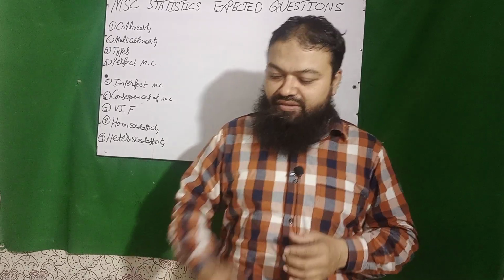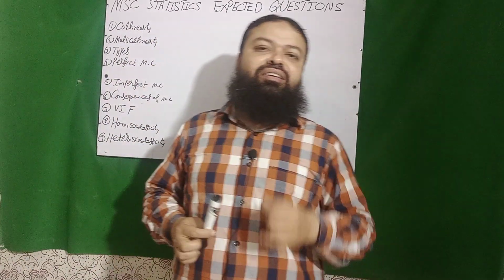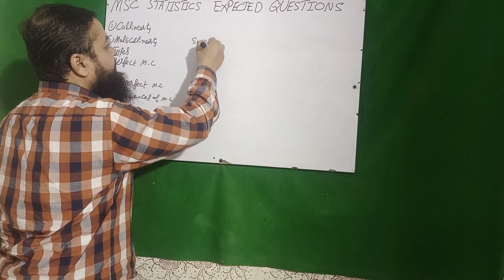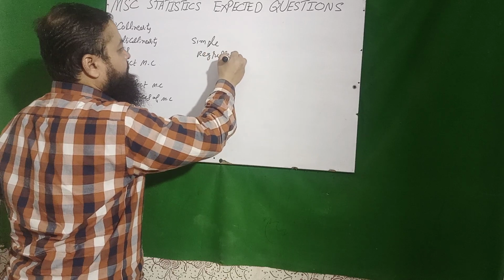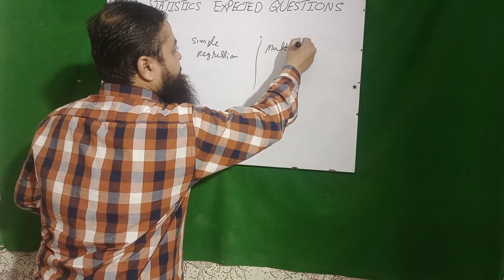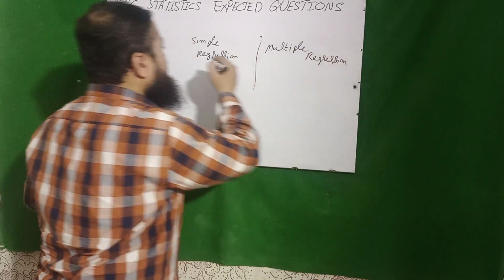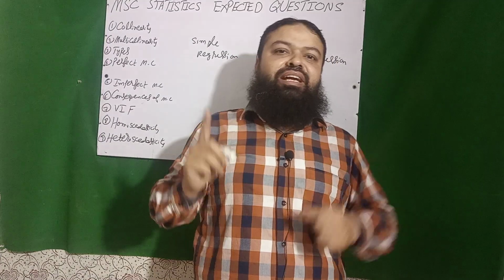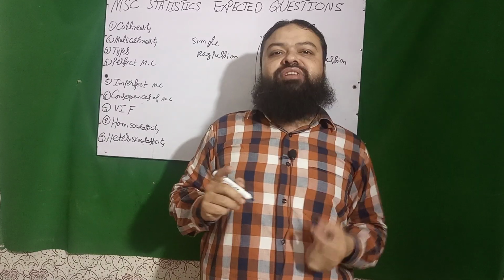Let's start. First of all, I will tell you the concept of collinearity. Dear students, we have the concept of simple regression, and multiple regression. In simple regression, we have one independent variable and we want to check the effect of that variable on our dependent variable.